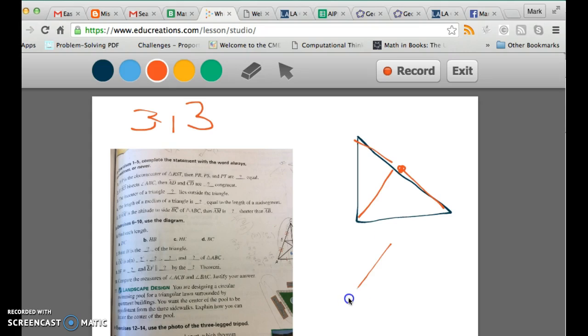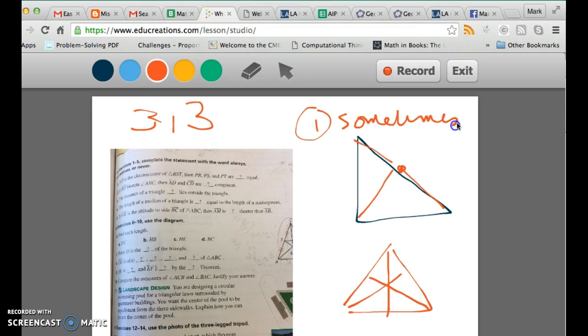If you have an equilateral triangle, then maybe your circumcenter would be the same as the median, and then in an equilateral triangle, it could be equal. So number one is sometimes. Sometimes all those perpendicular bisectors are equal, but not always. Not even usually. Closer to never.